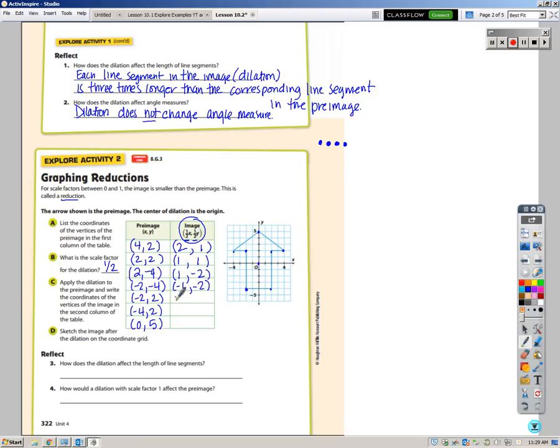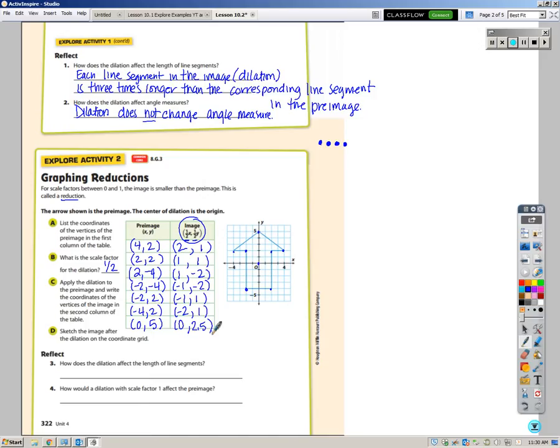Half of negative 2 is negative 1. Half of positive 2 is 1. Negative 4 times 1/2 is negative 2, and 2 times 1/2 is 1. And the last one, 0 times anything is 0, right? And then half of 5 is 2.5, or 2 and 1/2.